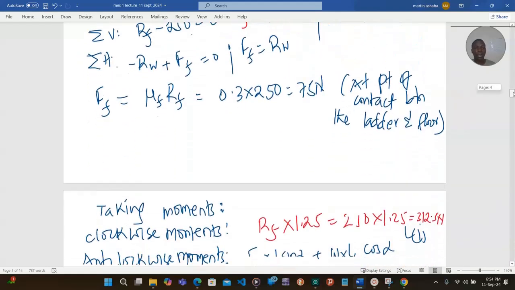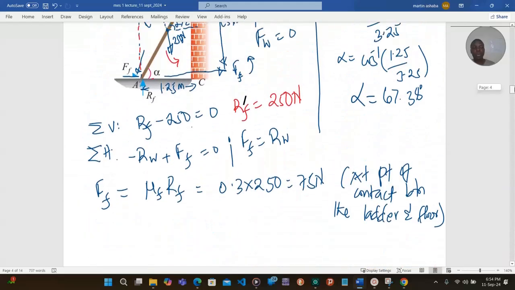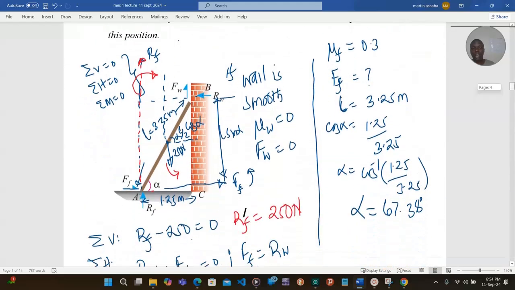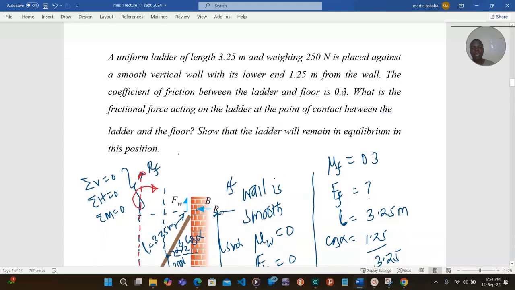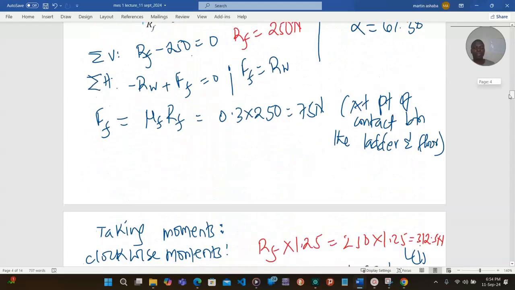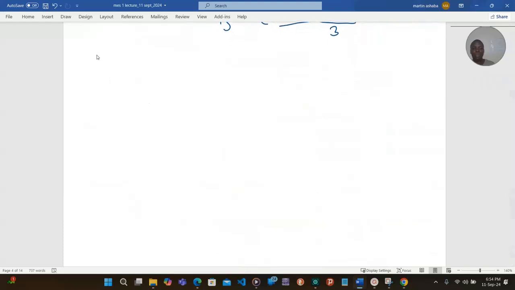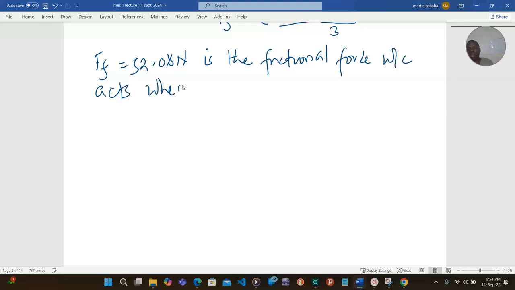When we load this system, we find that the frictional force at the floor does not go beyond what the coefficient of friction is providing for, and therefore this ladder will remain in equilibrium. So Ff equal to 52.08 newtons is the frictional force which acts when the ladder is loaded.